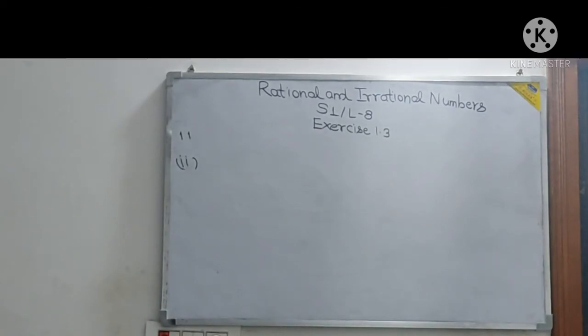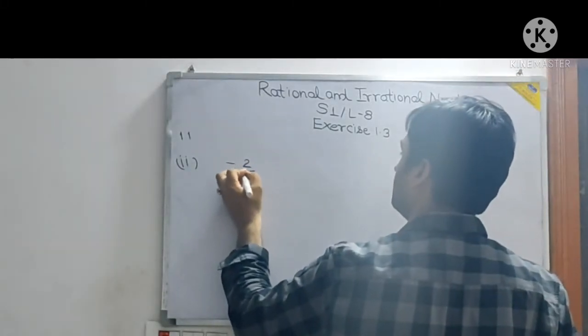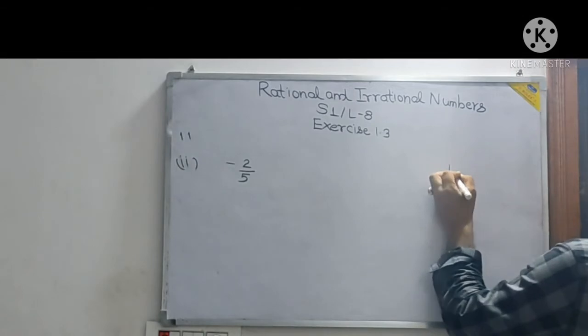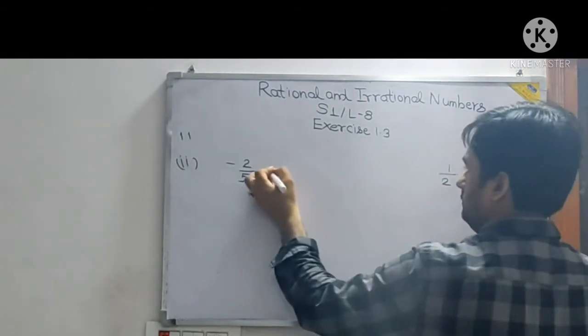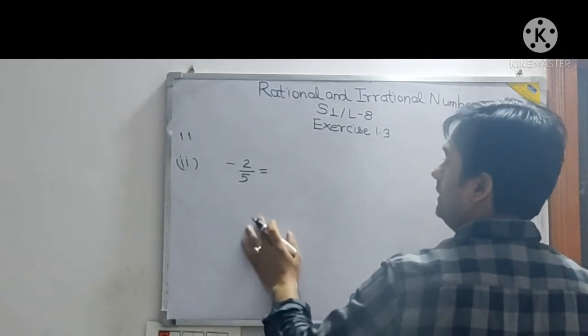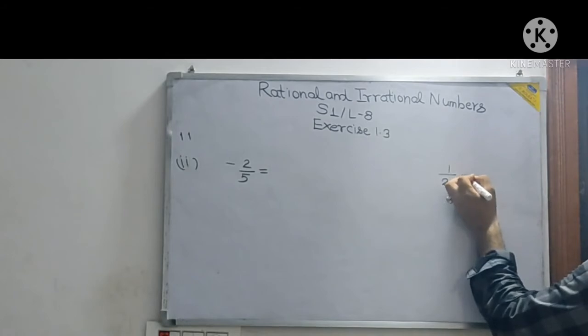Okay. Minus 2 by 5. And what is the other thing? It is 1 by 2. So minus 2 by 5 is basically a negative number. 1 by 2 is what? 0.5.